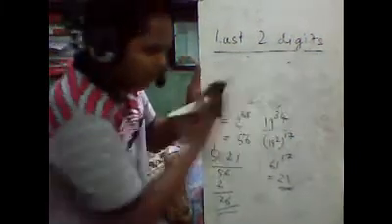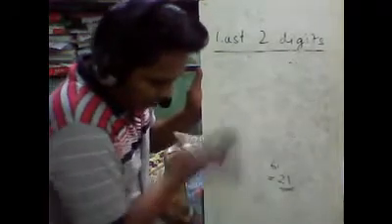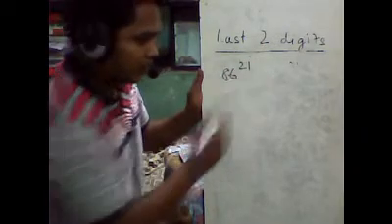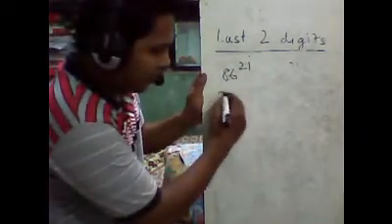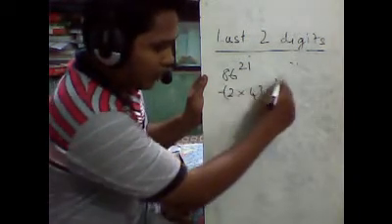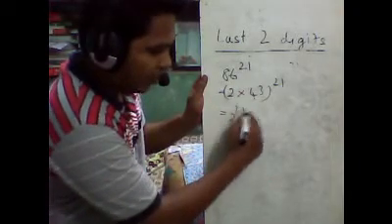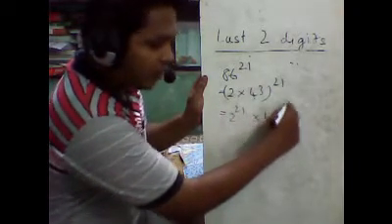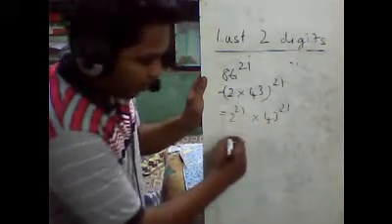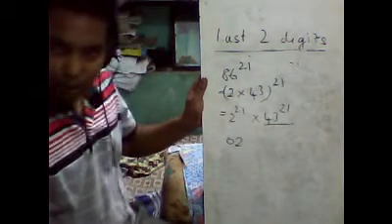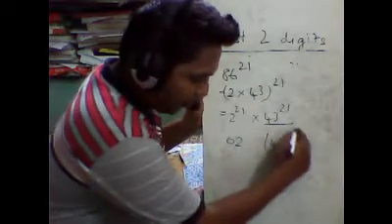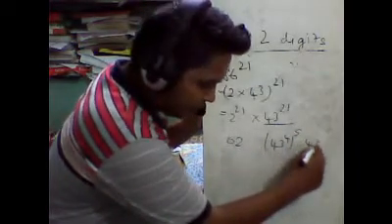Let us take another problem and try to solve it. 86 to the power of 21. 86 to the power of 21 is nothing but 2 into 43 to the power of 21, which is nothing but 2 into 21 into 43 to the power of 21. 2 into 21 is nothing but 2, and 43 to the power of 21 is something which we need to solve. 43 to the power of 21 is nothing but 43 to the power of 4 raised to the power of 5 into 43.